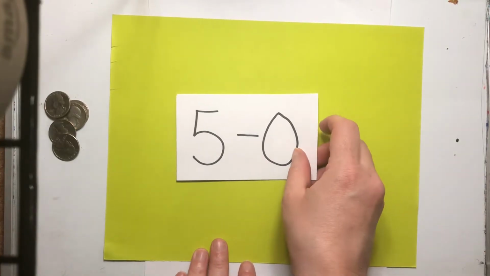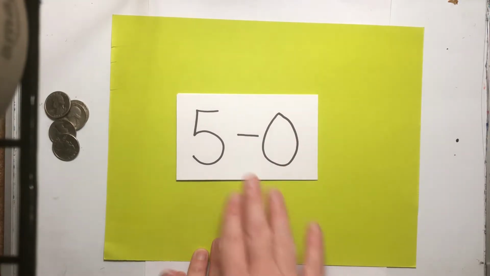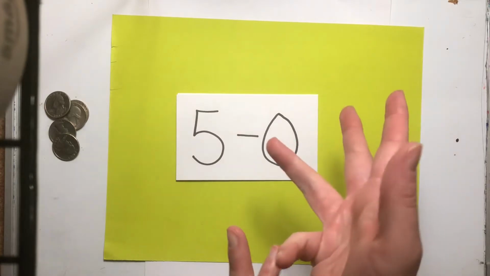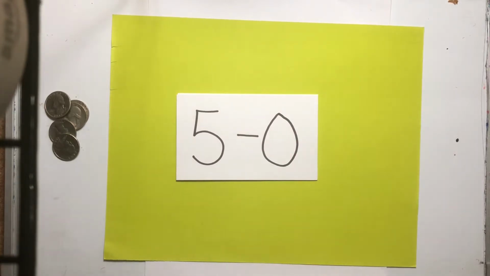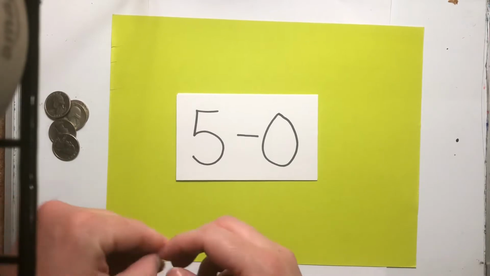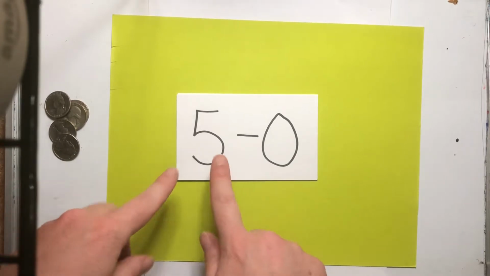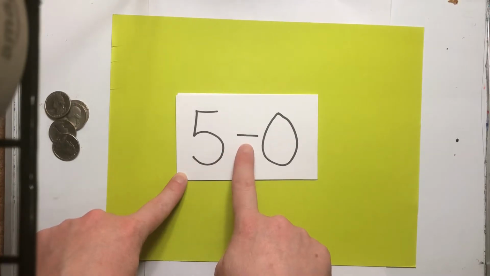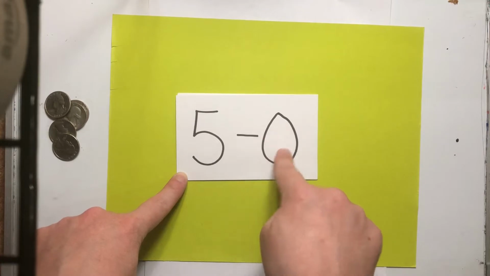All right, boys and girls, the first thing we're going to do today is something called Fact Fluency. Mrs. Chamberlain made some flashcards on just a little index card, or you could make them on a piece of paper, whatever you want to do. And we're going to practice going through our facts, okay? So when we do that, we start with our first number and we say 5, take away, or minus, remember, and then whatever number we're taking away.